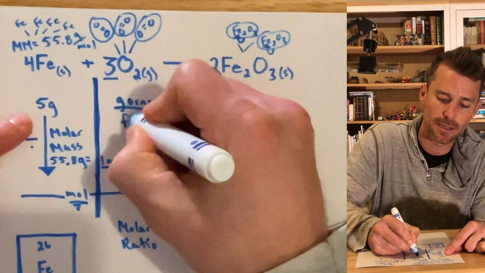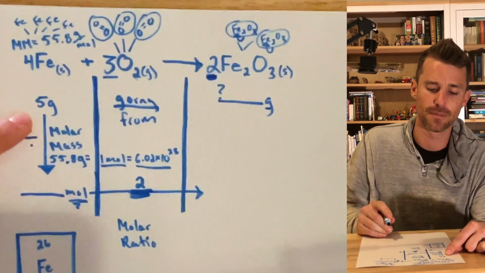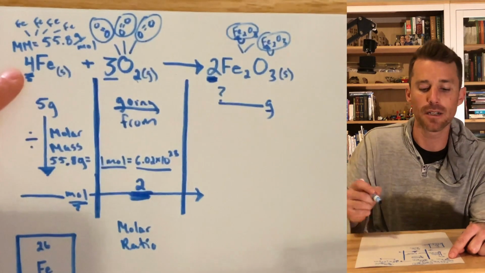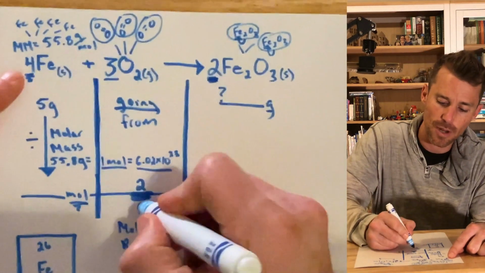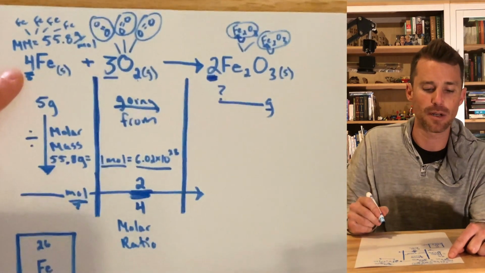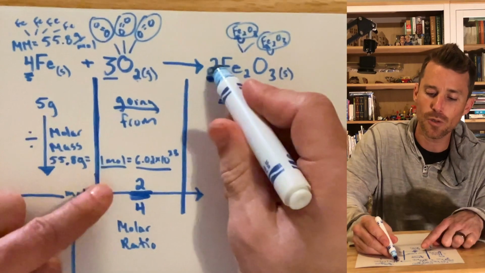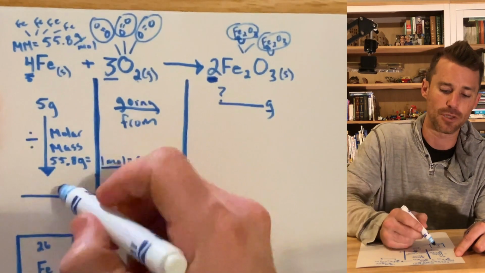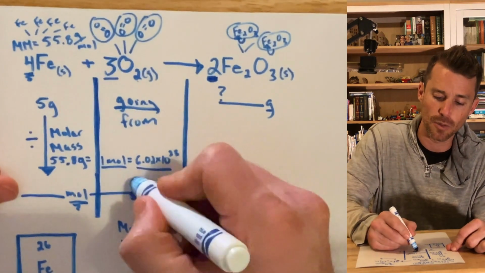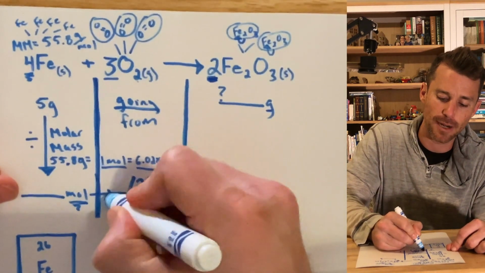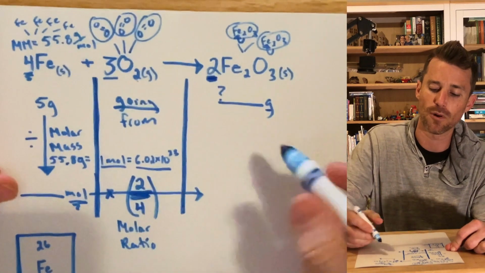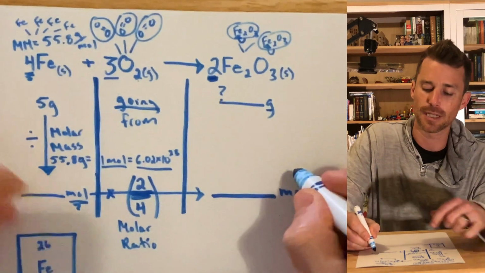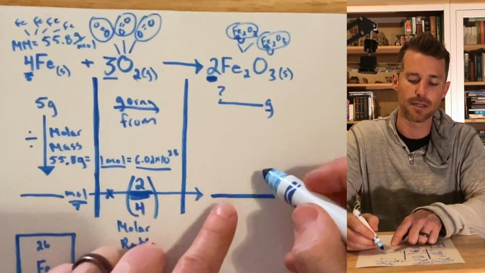In this case, what was my coefficient in front of iron? It was 4. So I put that balanced mole ratio number down there: 2 where I'm going over 4 where I'm from. Once I find my moles, I multiply by 2 over 4, and that will get me into the new moles in the column that I'm trying to find.